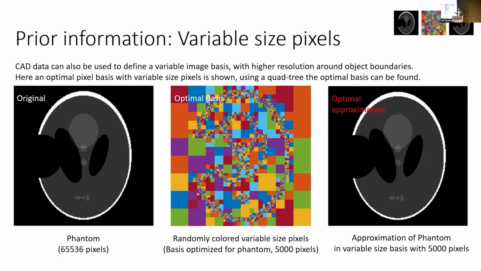So if I have objects that are nicely uniform with edges, having a variable size basis is really useful in terms of significantly reducing the number of voxels that I need to estimate in my reconstruction problem.